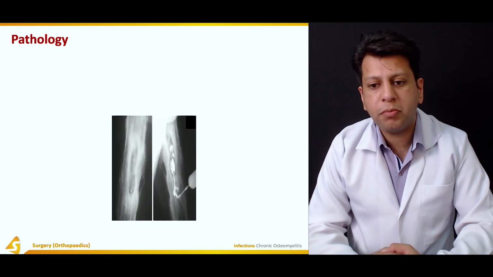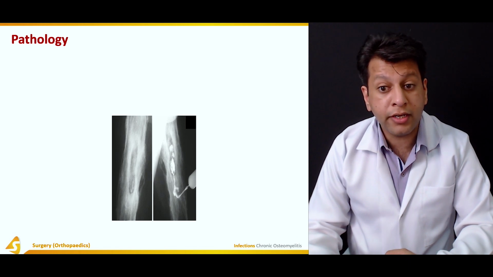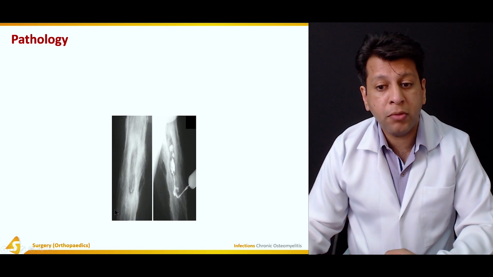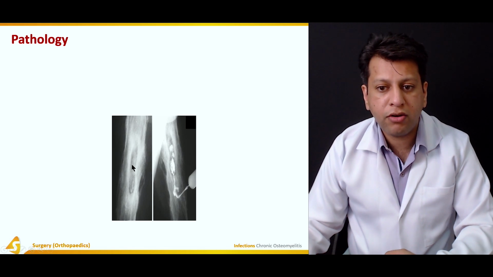Now if you see this picture, this is something which every orthopedic surgeon usually dreads. This is probably a female. It's a long bone and there's a lot of lucency, with a lot of sclerosis around it, and the margins are not accurate, they're kind of wavy.